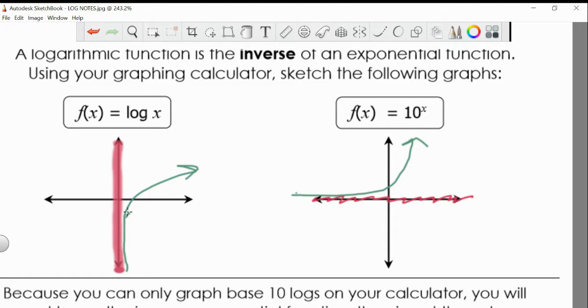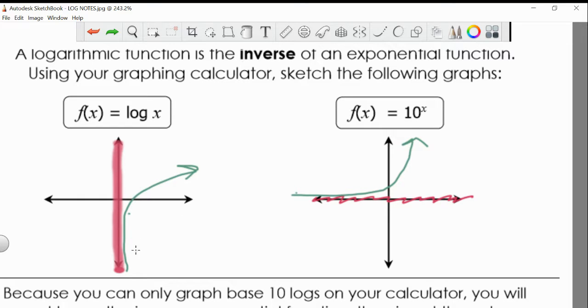This is getting closer and closer to the asymptote. Over here, it's going straight away from the asymptote, and it is going to the right very, very fast. This is increasing the whole time. This is also increasing the whole time. A little bit different, though.